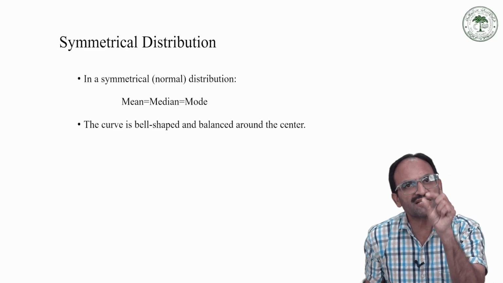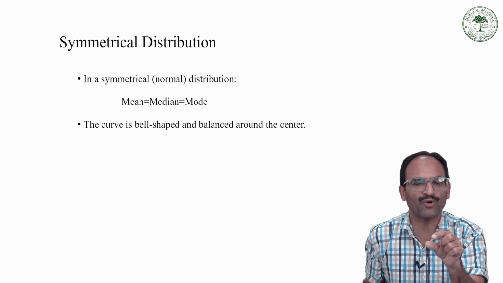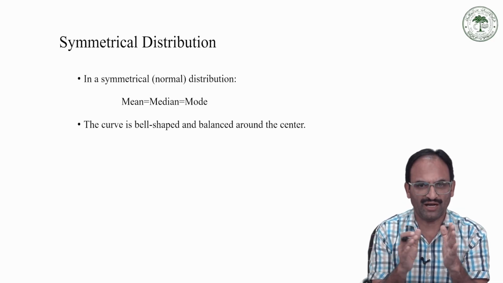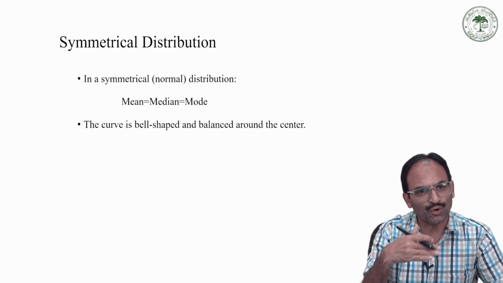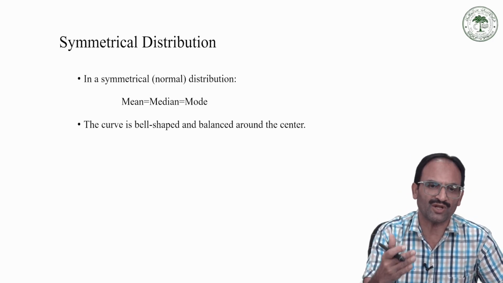In this case, mean, median and mode lie on the same point and they are equal. But this happens only when the distribution is perfectly normal.